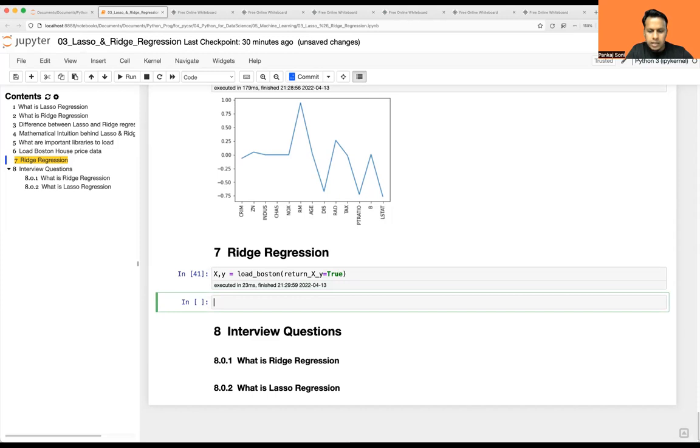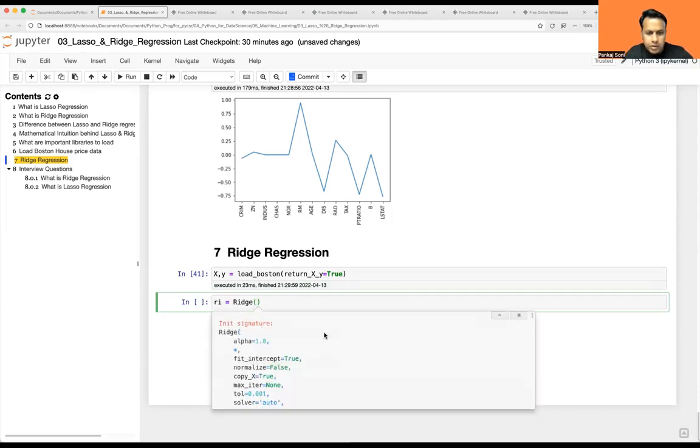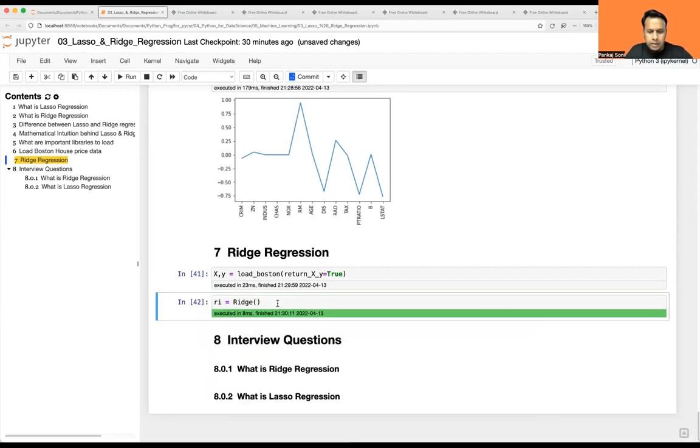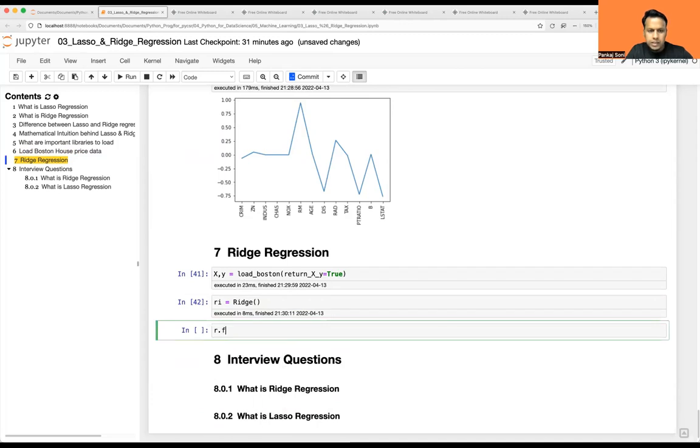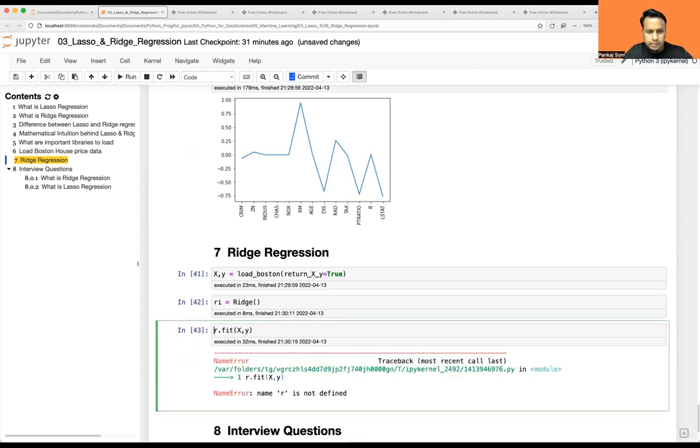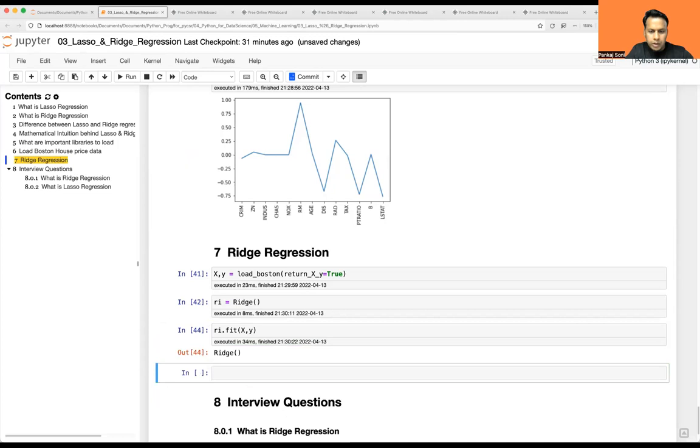So this is ridge, so I'll just create another object ri, Ridge. Okay, here also if you see alpha is by default set to 0, you can put any value. Now we are going to ri dot fit, we are going to fit the X and y. Okay, now we are going to do y_pred, prediction of X. y_pred equal to ri dot predict X.